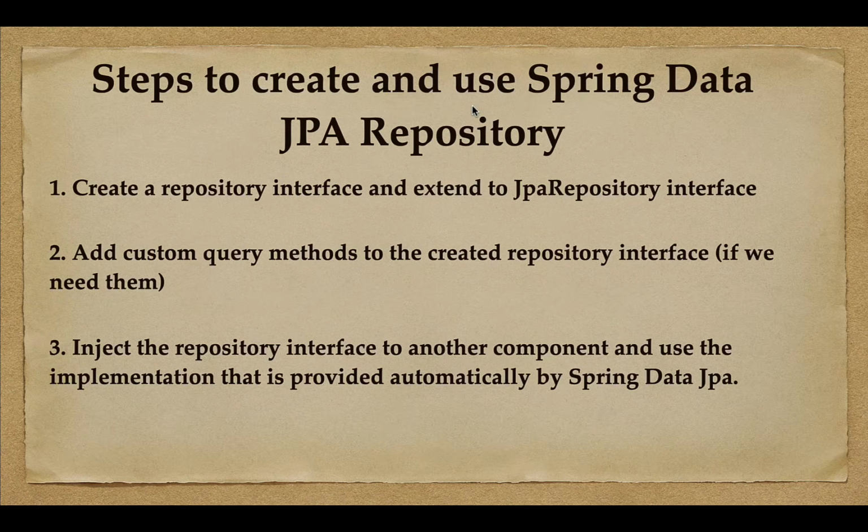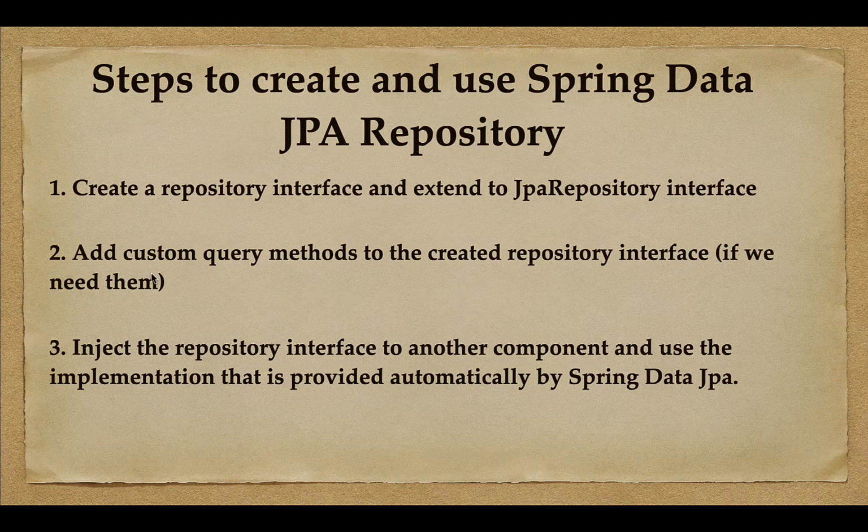Hi, welcome back. In this lecture, let's take a look at the steps to create and use a Spring Data JPA repository. In order to create a Spring Data repository in our Spring Boot project, we typically follow these steps. First, we create a repository interface which extends the JpaRepository interface.